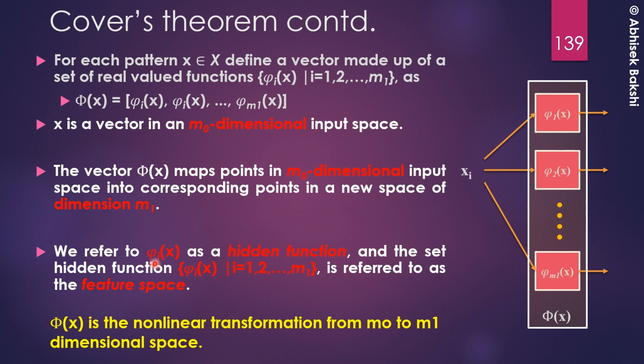We refer to phi i(x) as hidden functions, and the set of hidden functions is referred to as the feature space. So what exactly is phi(x) doing? We can say that phi(x) is the nonlinear transformation from m0 to m1 dimension space.